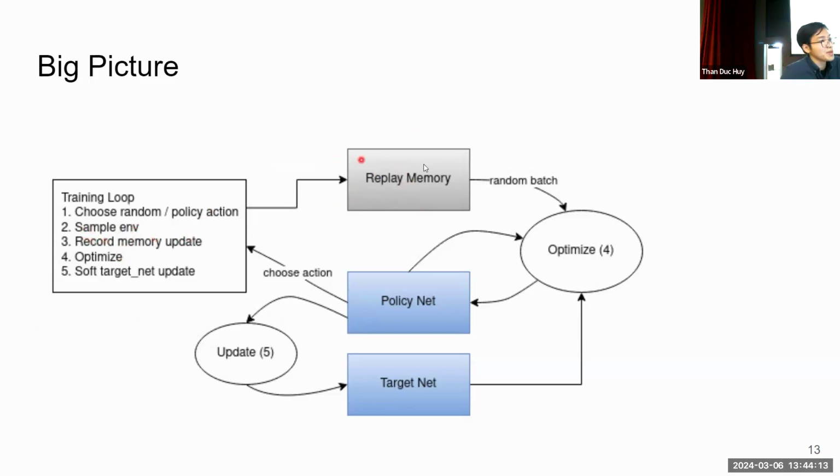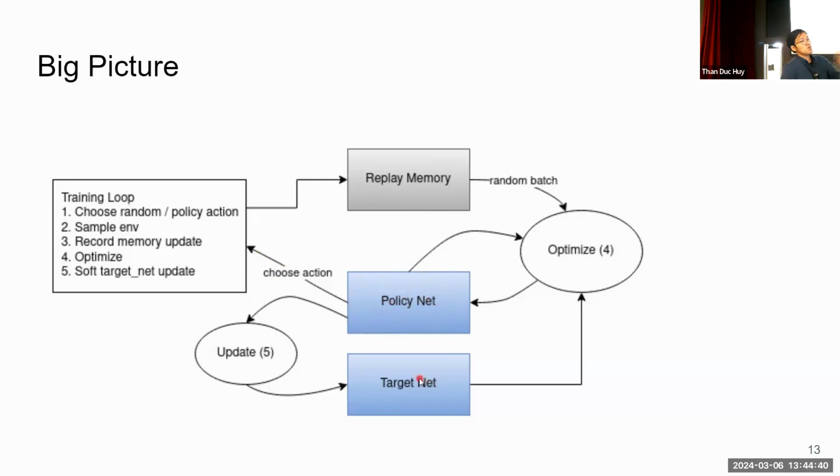After we collect a pile of transitions, we will start to take from the memory and do optimization, so we optimize our neural network model. And then our policy model will also start to choose actions as well, right? So this is a policy net.